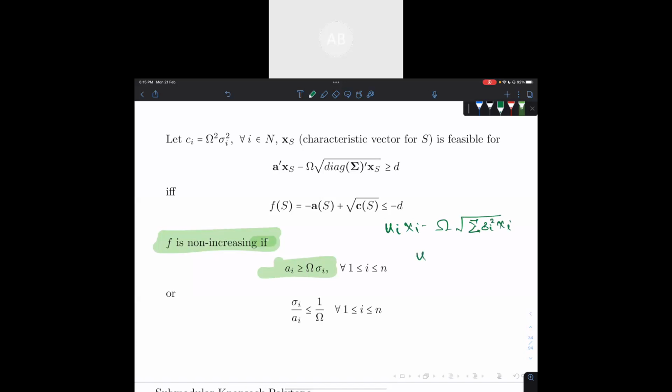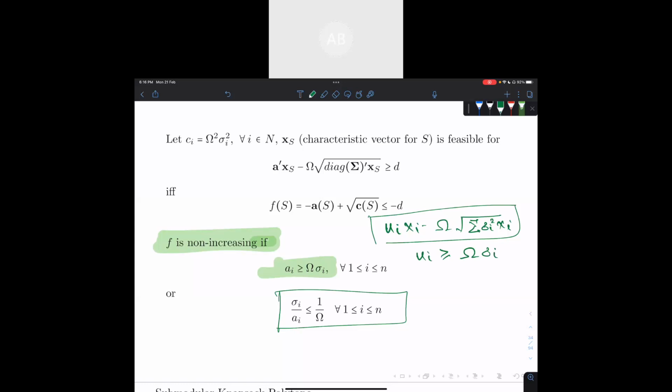So if ui is greater than or equal to omega sigma i, then this function is non-decreasing, and the negation of it is non-increasing. And if you rearrange things, this essentially becomes a simple requirement on the coefficient of variation, right? And that's not a super high assumption. So if you assume that your coefficient of variation is bounded above by some constant, then you get monotonicity as well.